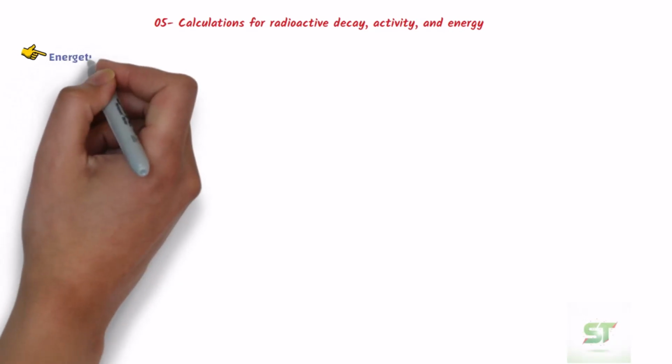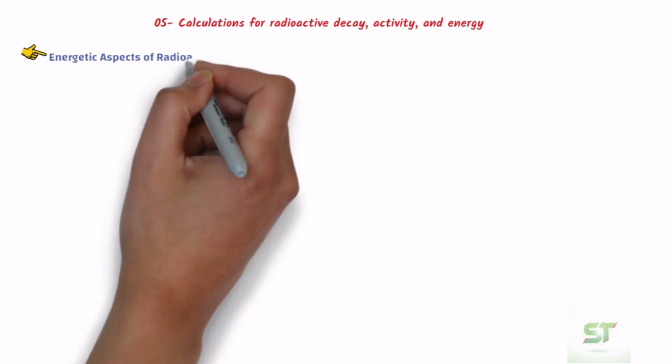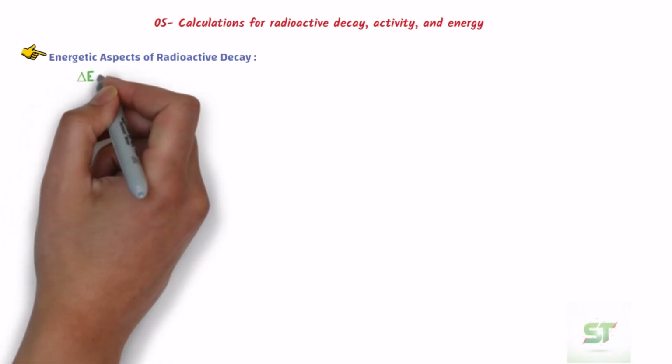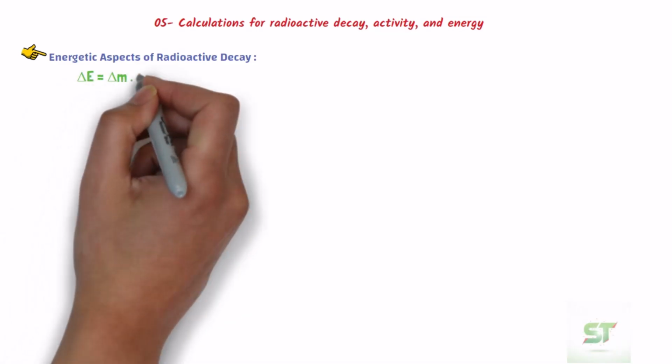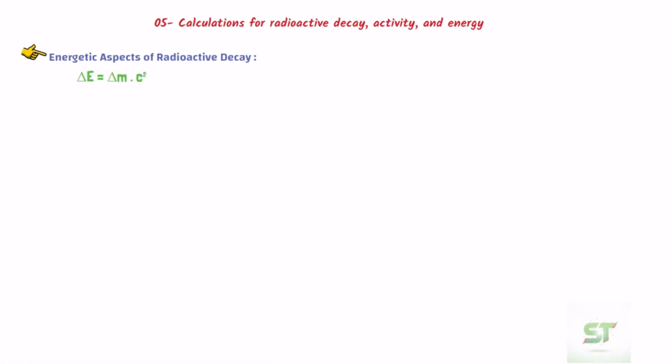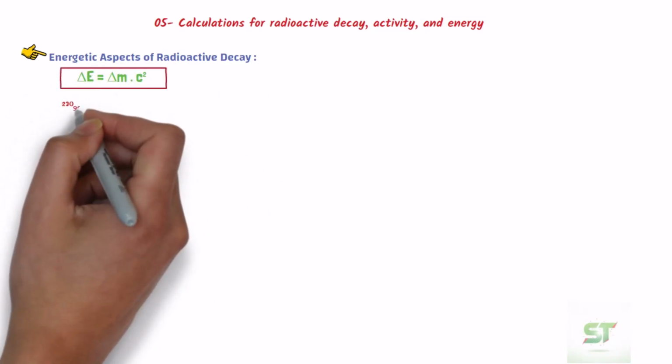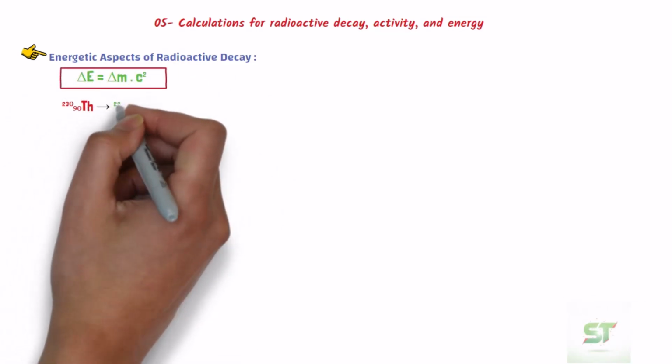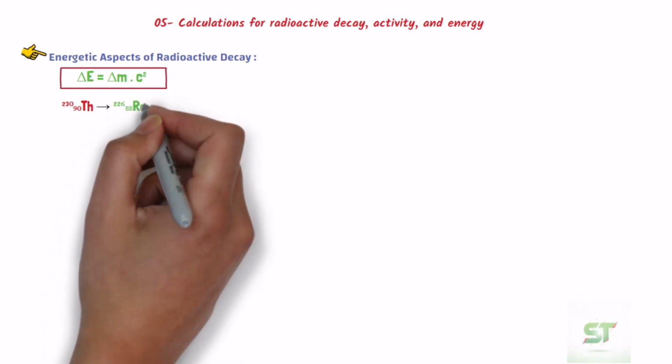Energetic aspect. Every nuclear reaction releases energy due to a tiny loss of mass, delta M. Einstein showed that this lost mass is converted into energy by this equation. Let's take an example. Thorium can be transformed to radium, emitting an alpha particle.